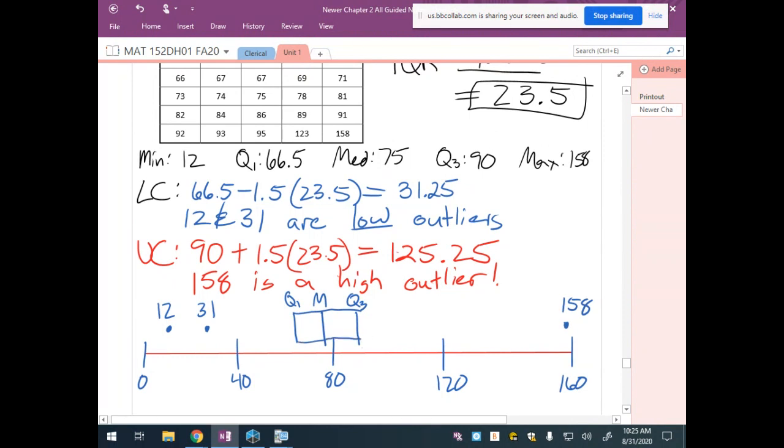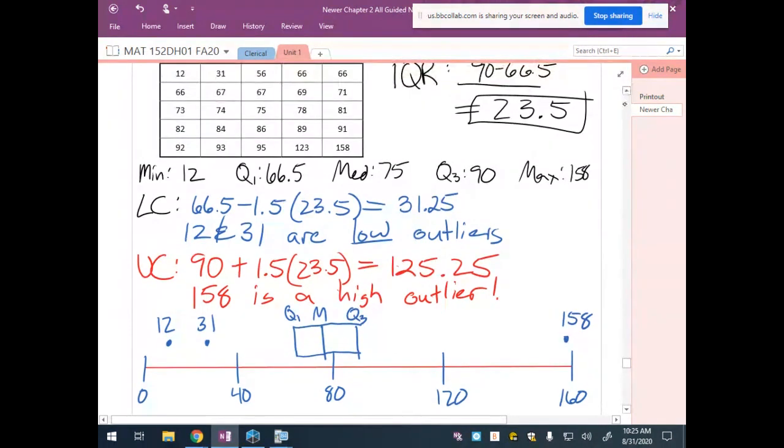Now, where will the lower whisker end? Where would the bottom whisker end at? The 12 and 31 are outliers. It would be 56. And I'm going to mark that as such.